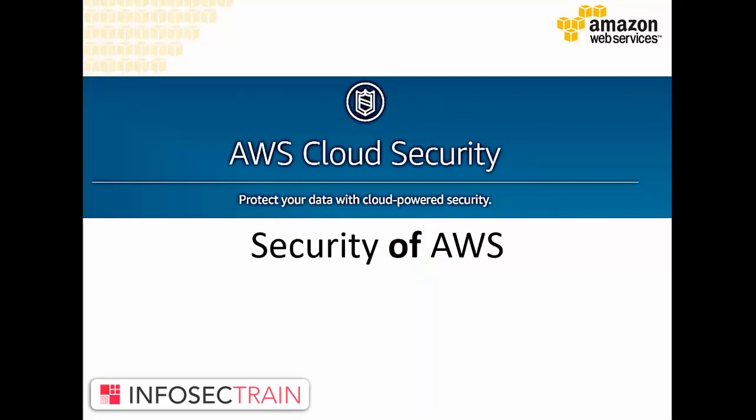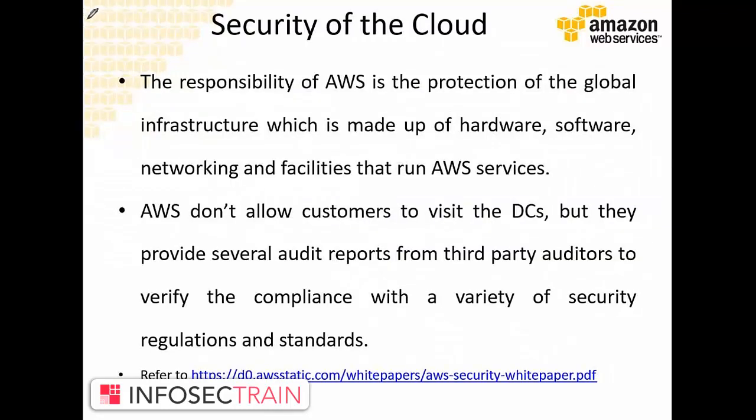As I told you, the responsibility for the cloud physical infrastructure, whether you're using IaaS or PaaS or SaaS, the complete hardware, the networking, the facility and everything is the responsibility of the cloud provider. The cloud provider is responsible for protecting the complete global infrastructure.